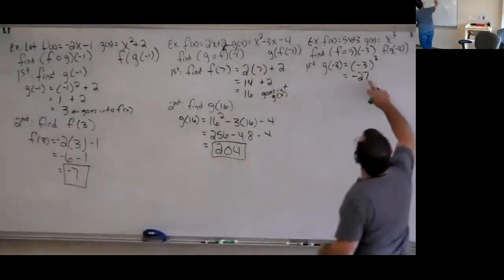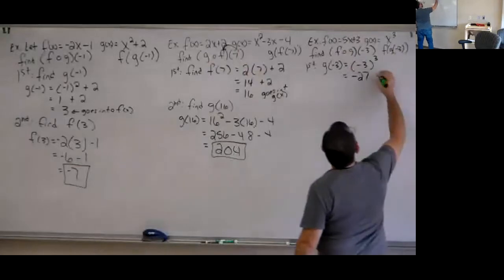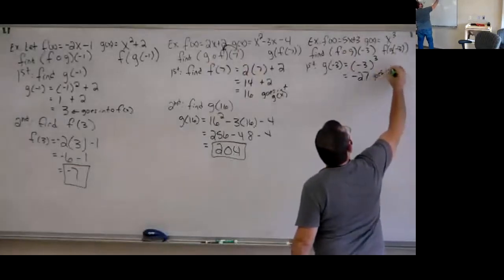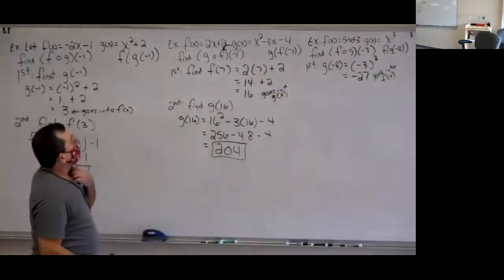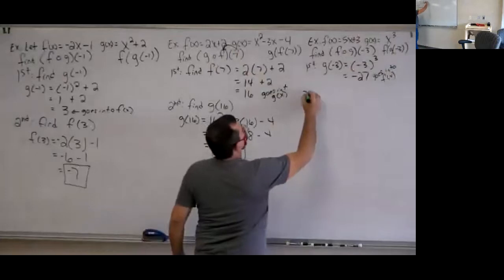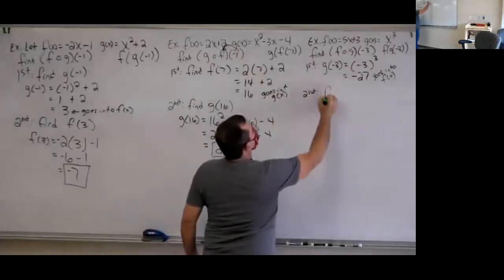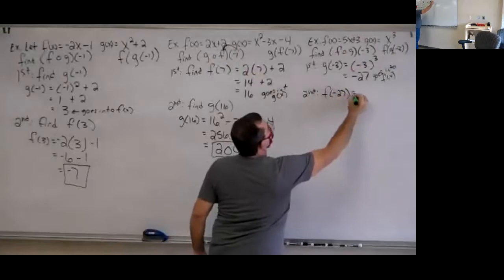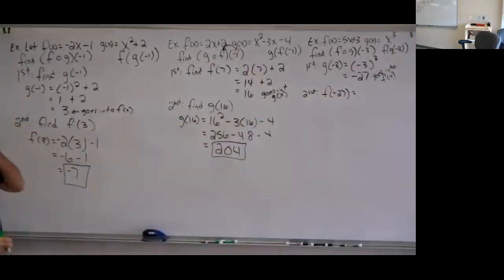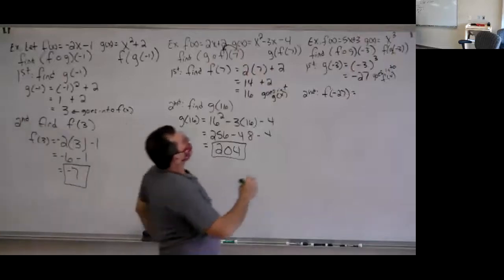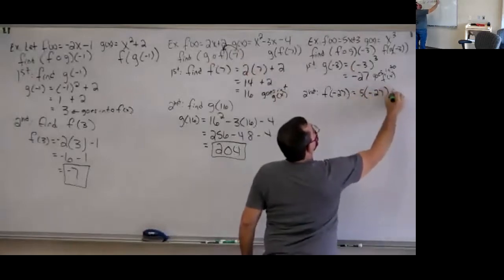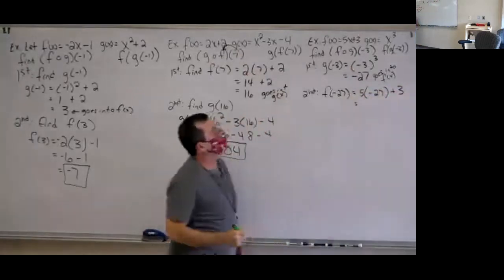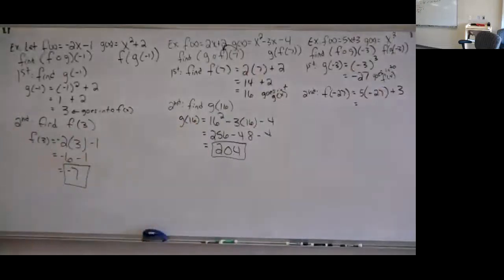All right, so remember now, since I know my g of negative 3 is negative 27, this is now going into my f of x. So I'm going to be finding f of negative 27. So that means I'm going to take that f equation and throw in that negative 27 so that I get 5 times negative 27 plus 3. All right, so let's multiply.